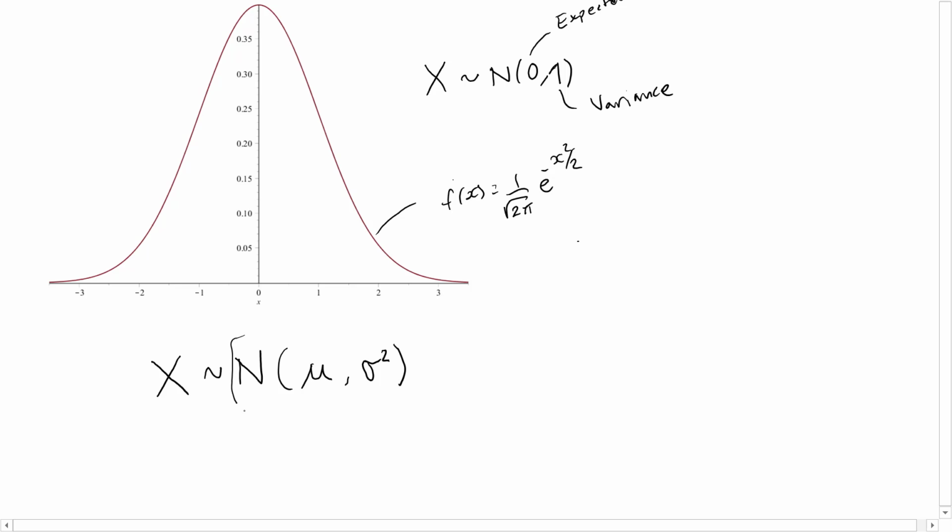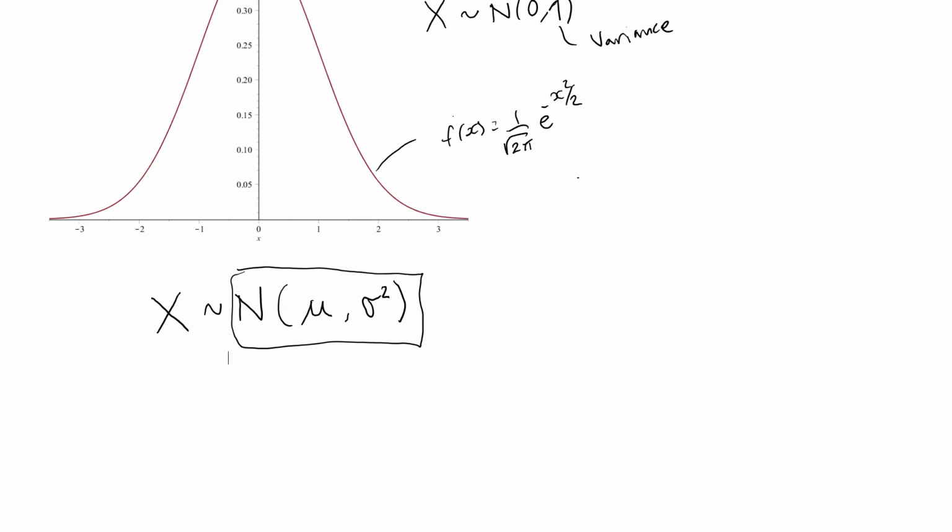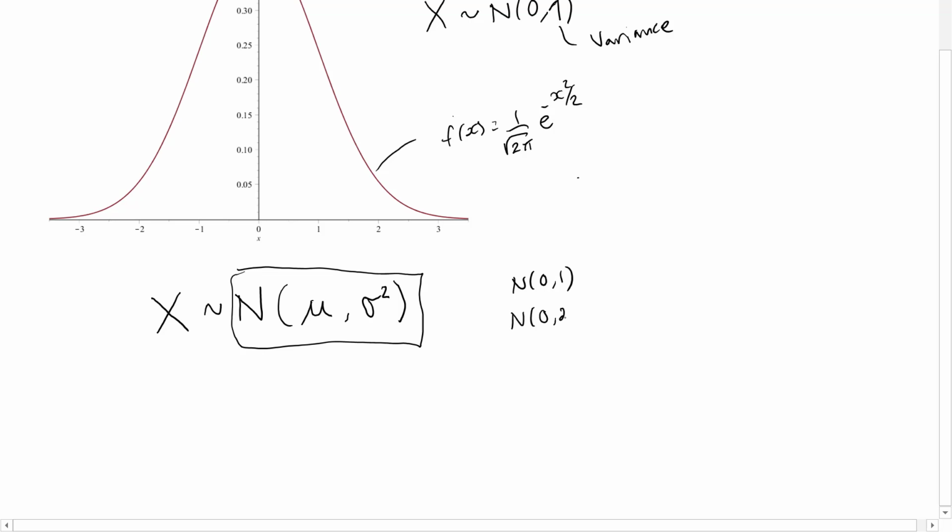So this is what's called a two-parameter family. There's actually an infinite number of normal distributions. One of them is the standard normal. So normal 0, 1 belongs to the family of normal distributions, but so does normal 0, 2 with the variance of 2, normal 1, 1, and so on.